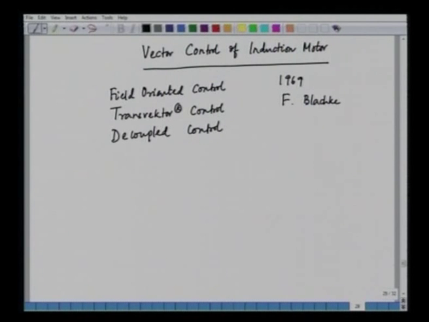Usually an induction machine has 3 windings: phase A, phase B and phase C. So if you see an induction machine, this is the rotor and we have 3 different windings: phase A, phase B and phase C. And the rotor could be a squirrel cage rotor.